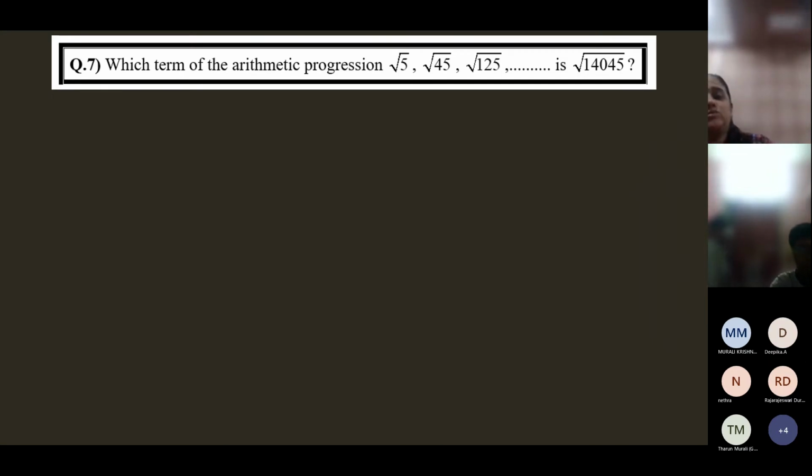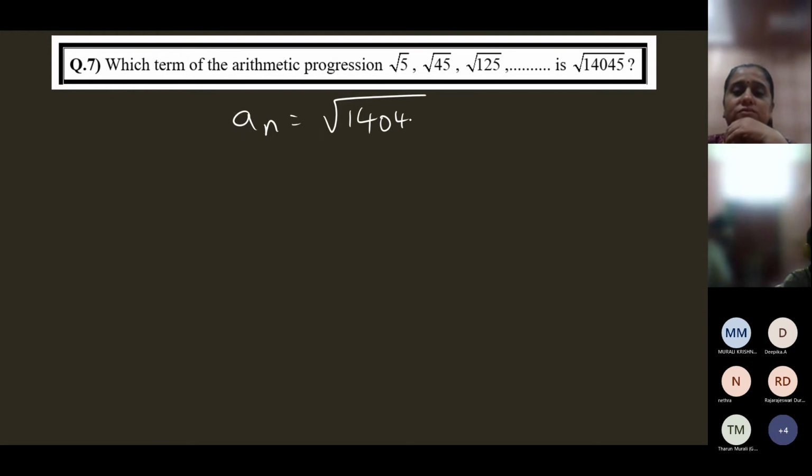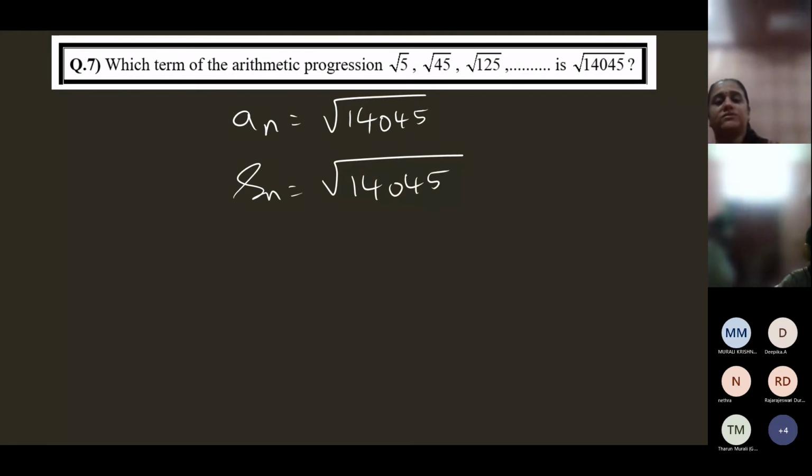Yeah, do this now. Which term of the arithmetic progression is square root of 14,045? So now will you say an is equal to square root of 14,045 or Sn is equal to, which of the two is correct?